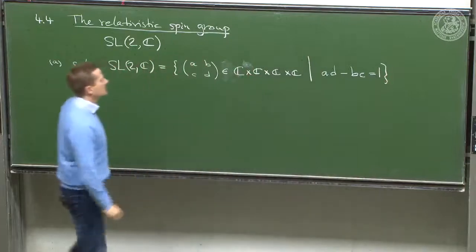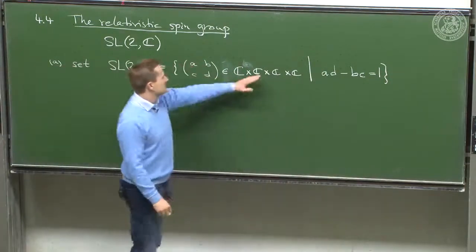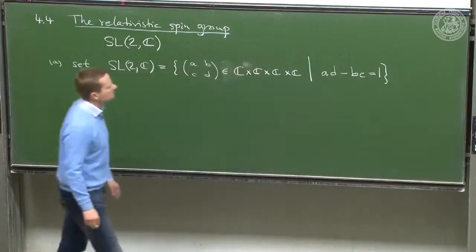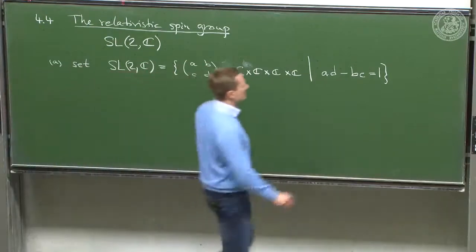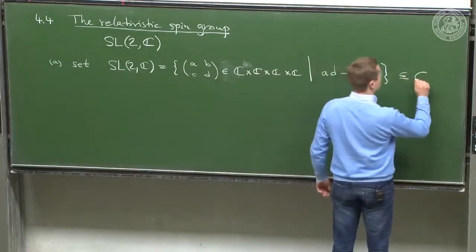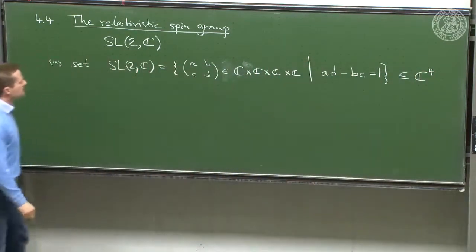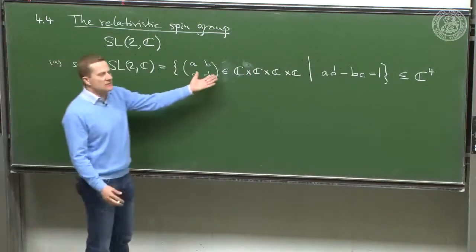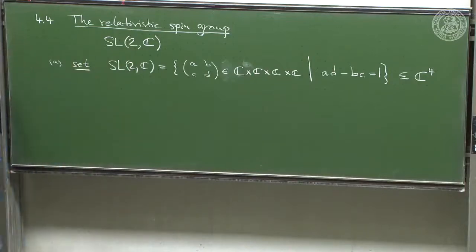That's my condition. So obviously this is a set, this is restricted comprehension, there is a condition here. That's a set, right? And it's a subset, obviously, of what we denote by C^4, which is the short form of this. And this is SL2,C as a set. These are the elements of the set. There is nothing to be said beyond that about the set.